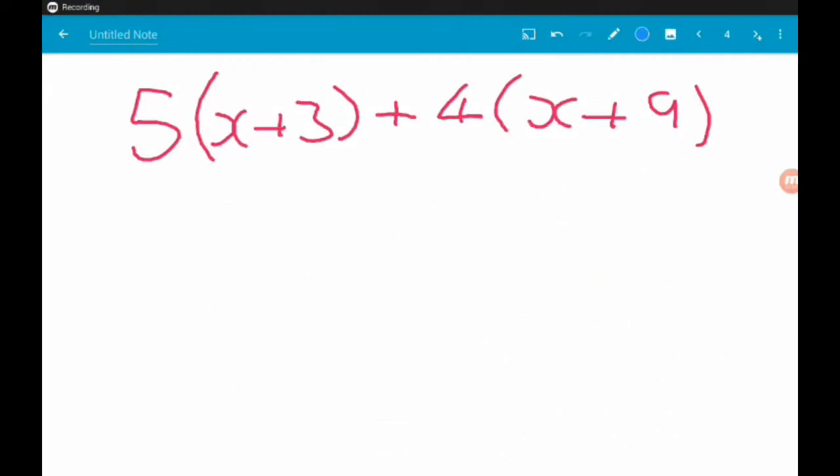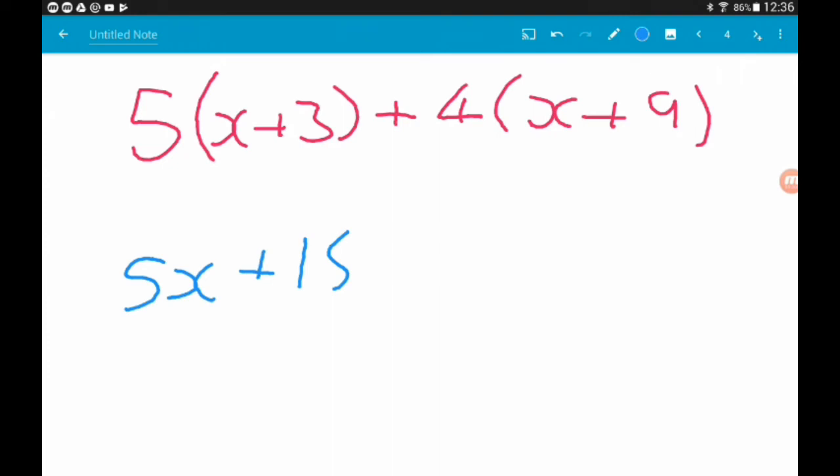Okay, first example then, so the guy that we saw at the start. So, we want to expand and simplify this expression. So there's a very set order. We can't simplify before we've expanded. So the first thing we need to do is expand these brackets. So this first one, 5 lots of x plus 3, that expands to 5x plus 15.